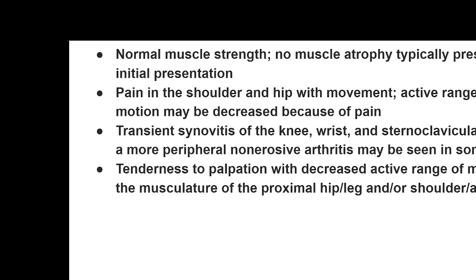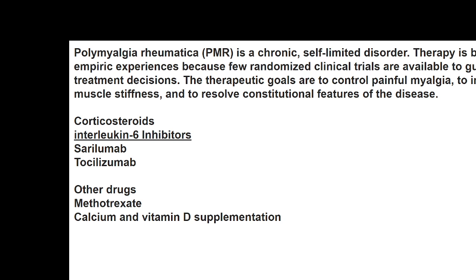Range of movement may be slightly diminished, or it may be normal, but the patient would have pain. That kind of symptom is considered as reactive arthritis, which again is mamsavaha. Tenderness on palpation with the decreased active range of motion in the muscles of the proximal hip and leg or shoulder or arm girdle. Any of the major or minor joints could be involved.